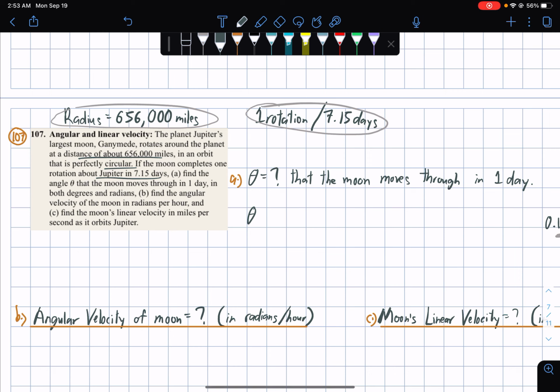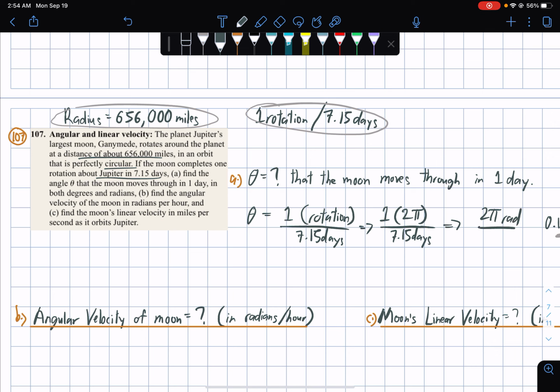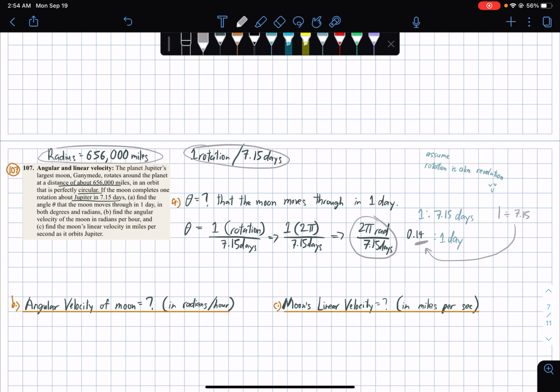Okay, so we have one rotation per 7.15 days. One rotation is one revolution, which is 2 pi. So we get something like this for theta, I suppose. And hang on, let's put those values in the calculator.